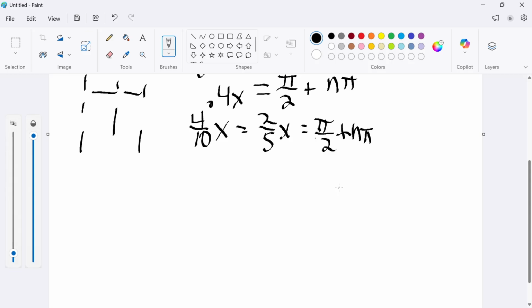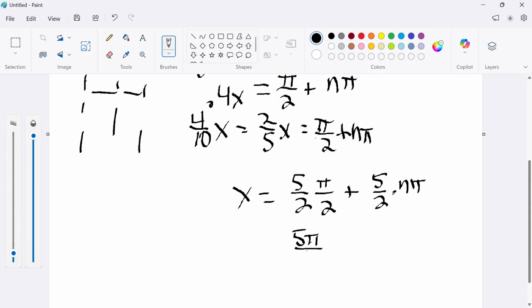So I will multiply both sides by 5, divide both sides by 2. x equals 5/2 times pi over 2, plus 5/2 times n pi. And so this is 5 pi over 4 plus 5 pi over 2 n, or 5n pi over 2, whatever.